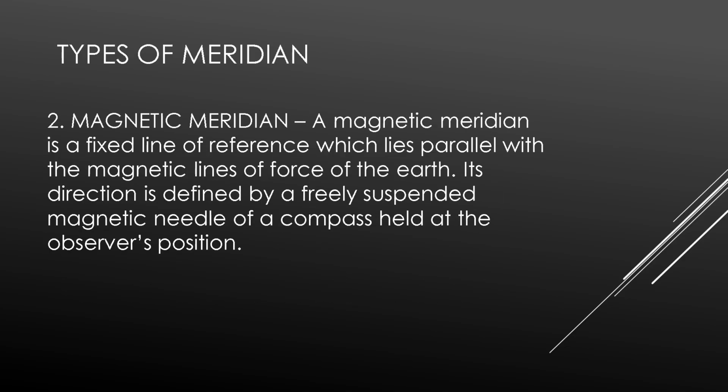We move on to the second type of meridian, which is the magnetic meridian. A magnetic meridian is a fixed reference line that indicates the direction of the Earth's magnetic field at a particular location. Unlike the true meridian, which is based on the geographic north and south poles, the magnetic meridian is determined by the Earth's magnetic field.